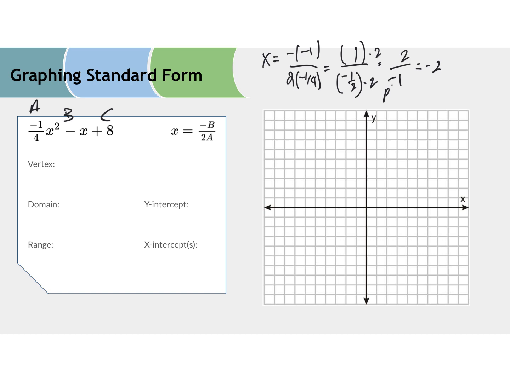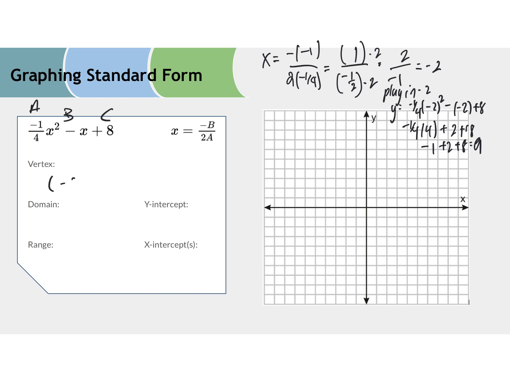And so again, we have to plug in -2 to get the y. So my y-coordinate would be -1/4 times (-2) squared minus (-2) plus 8. So -1/4 times 4 is -1, and there's a +2 and a +8. I get -1 plus 2 plus 8, and that finally gets me 9.